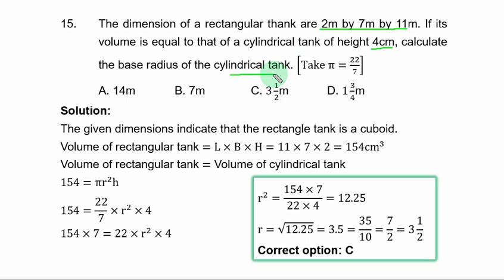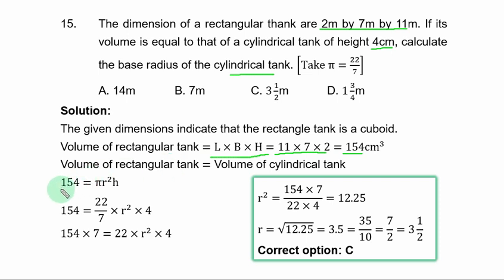So for the rectangular tank, the volume is length times the breadth times the height, and that is 11 times 7 times 2, and that is 154 cube centimeters. The volume of the tank that is rectangular is equal to volume of the tank that looks like a cylinder.